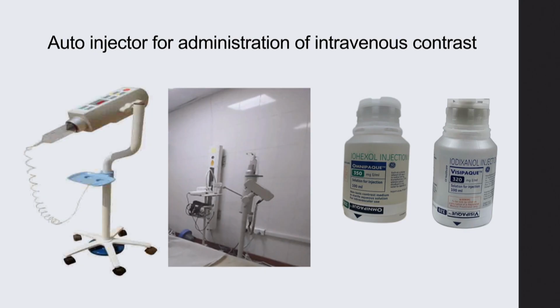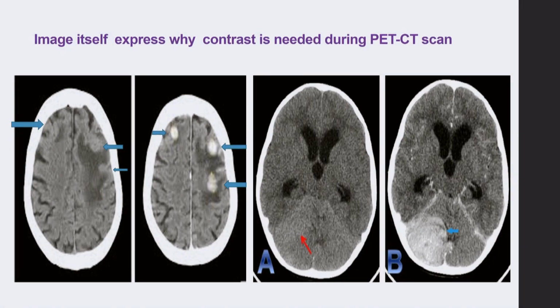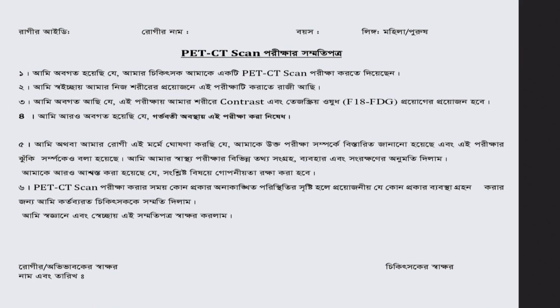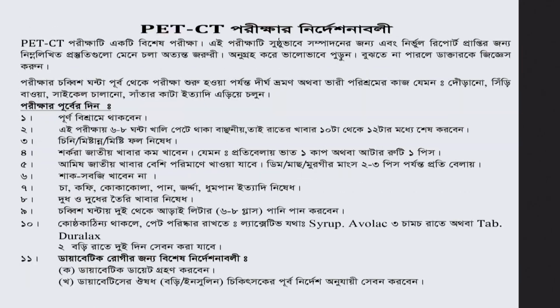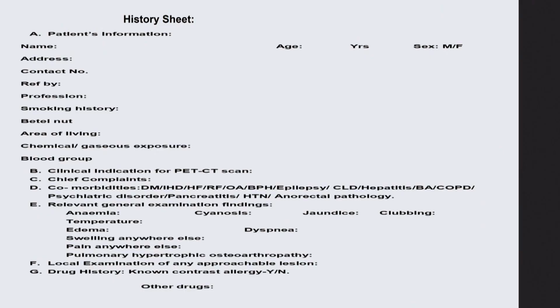We usually use contrast during PET-CT scan, and the image itself expresses why contrast is needed during a PET-CT scan. Written informed consent was taken from every patient and a special instruction paper was also given to the patients. And these are the checklist we need to have in our hand before a PET-CT scan and doing a report.